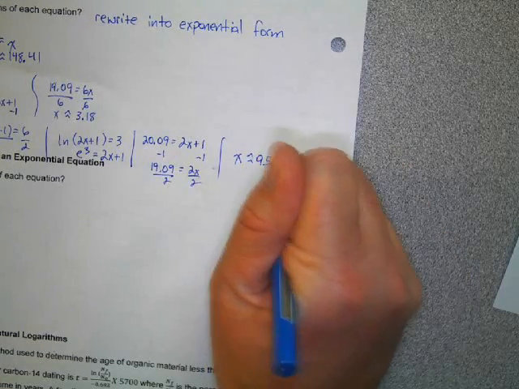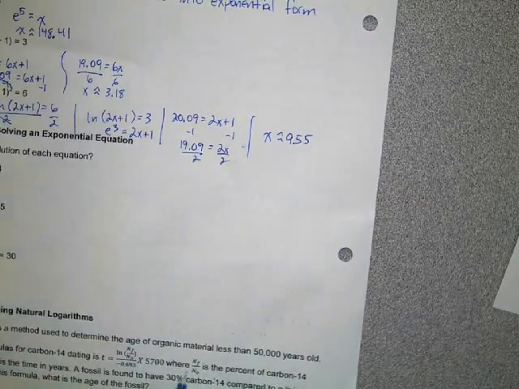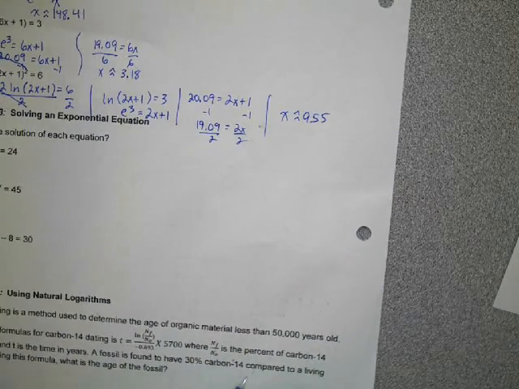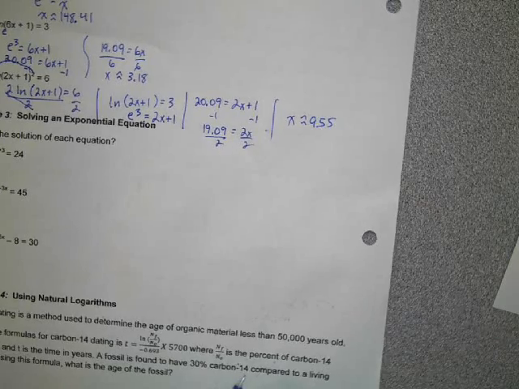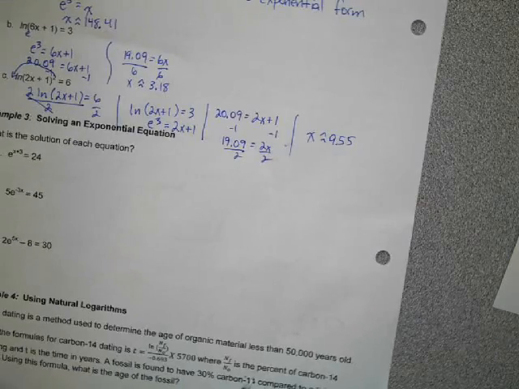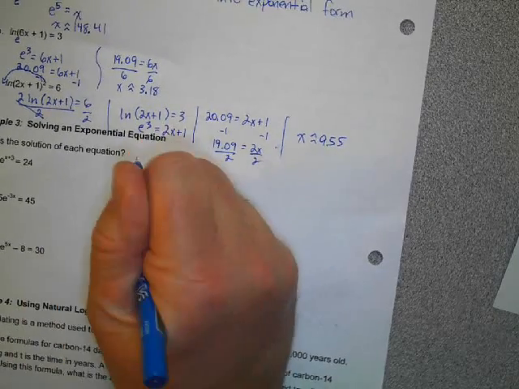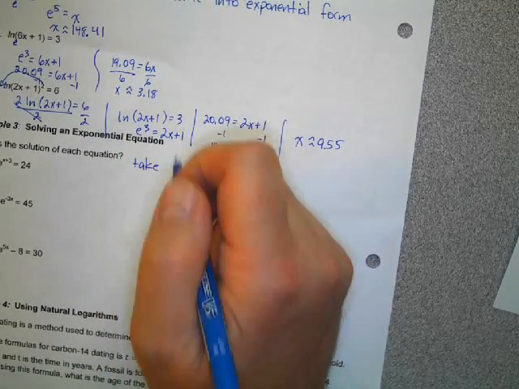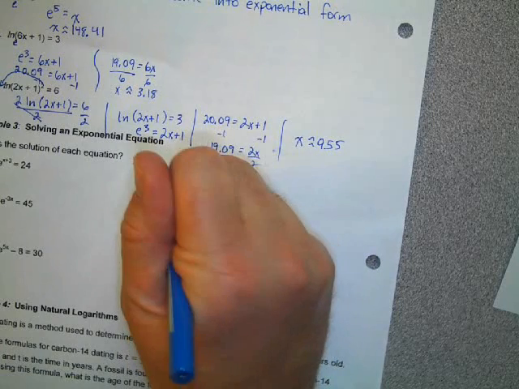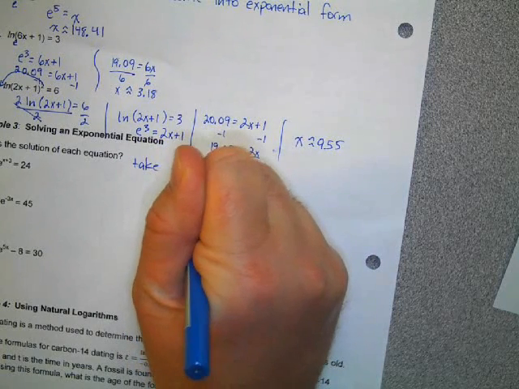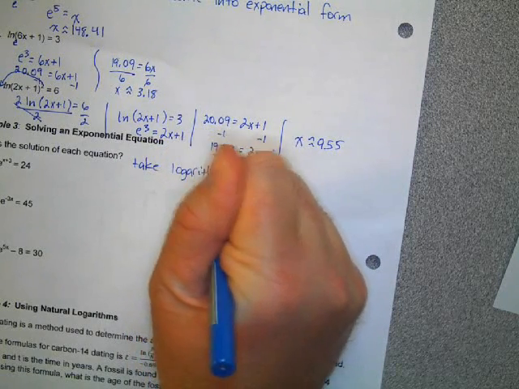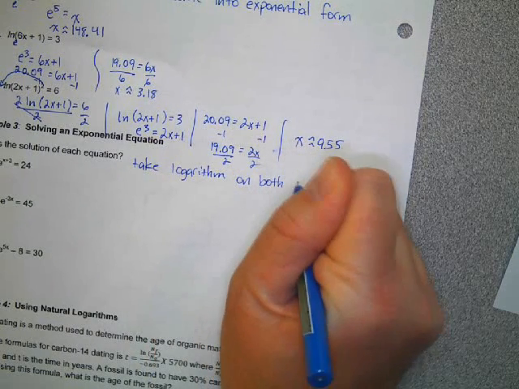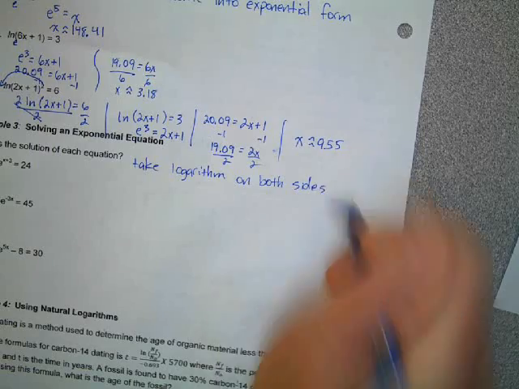Example 3, we have equations that start out in exponential form. So what we'll do here is we'll take the logarithm on both sides. Okay, so if you have exponential, you're going to take the logarithm on both sides to start. So it'll look like this.